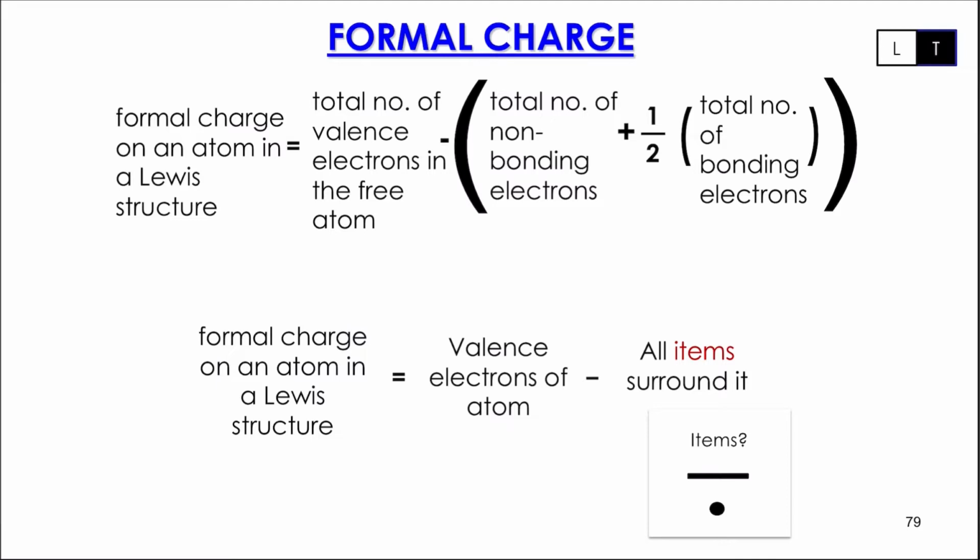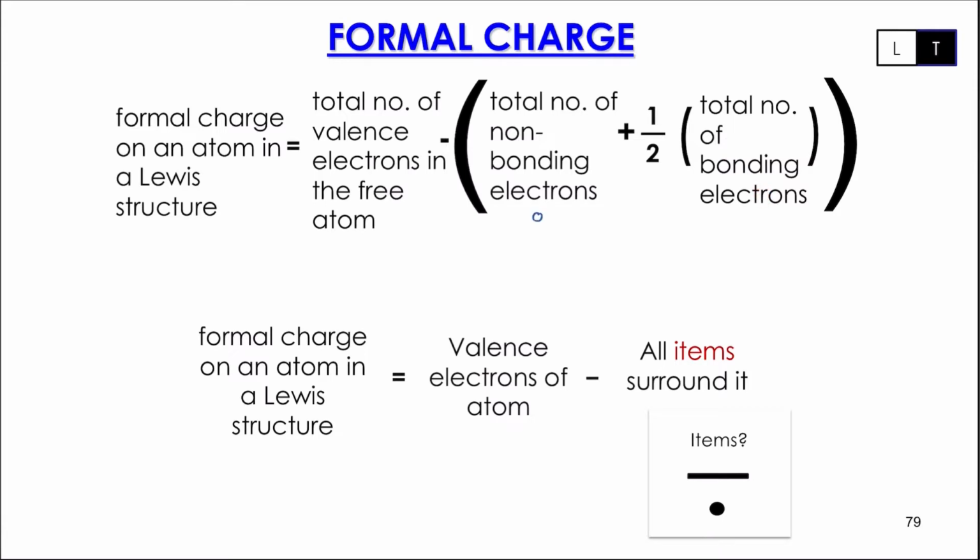I'm going to introduce to you the formula to calculate the formal charge on an atom in a Lewis structure, di mana kita akan ada total number of valence electrons minus total number of non-bonding electrons. So this is about lone pair, non-bonding electrons, plus 1/2 times total number of bonding electrons.